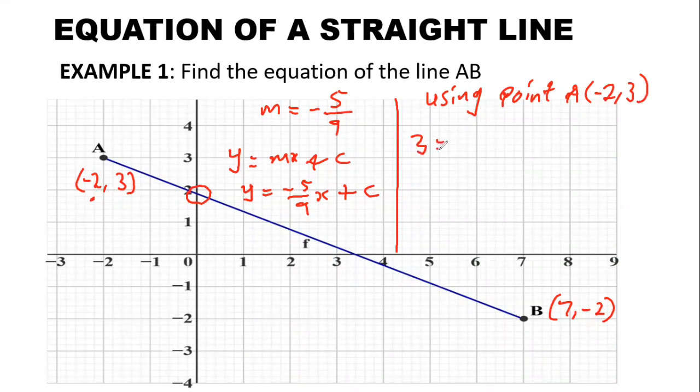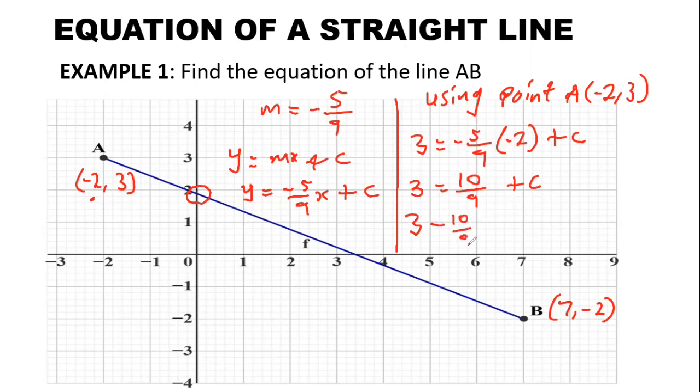So 3 is equal to negative 5 over 9 times negative 2 plus c. If we expand this, then we have 3 is equal to 10 over 9 plus c, since negative 5 times negative 2 is 10. We make c the subject by sending this across the equal sign. So we have 3 minus 10 over 9 equal to c. So it means that c is equal to 17 over 9.